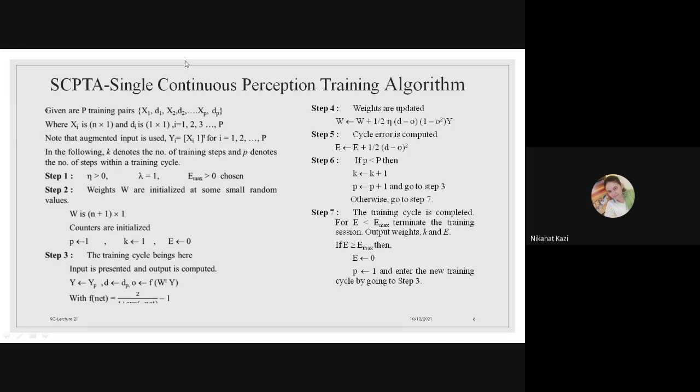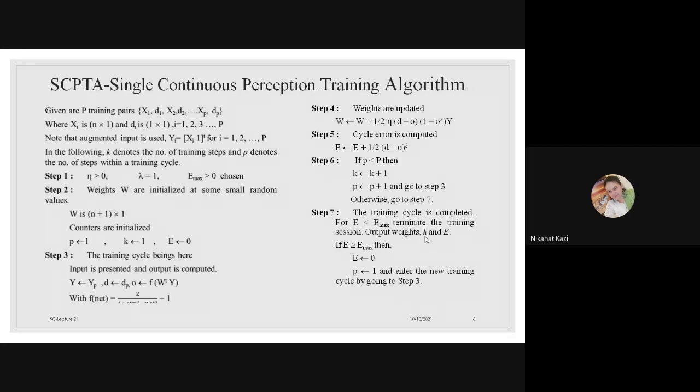The error is fine because you are setting it. And this k is nothing but the step count, how many steps were required to solve the problem.